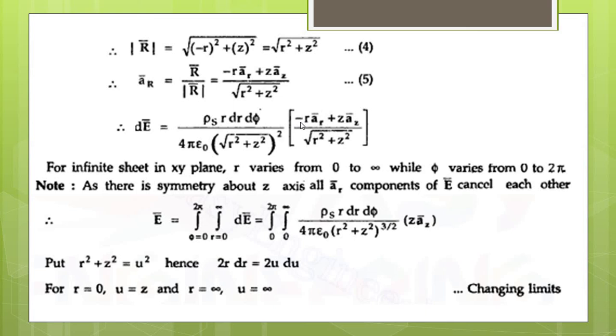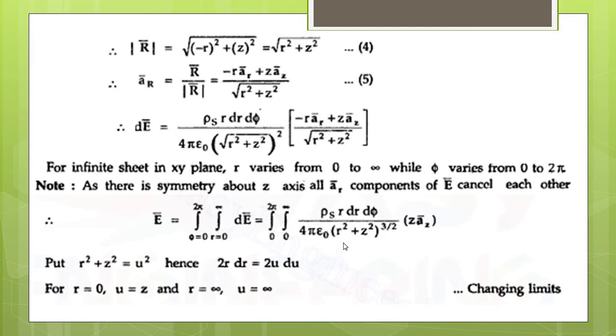All the r terms will get cancelled. Therefore, E is equal to integral of dE. As this is surface charge, we need to integrate this twice. So rho s r dr d phi by 4 pi epsilon naught into r square plus z square whole power 3 by 2 multiplied by z az, because this r ar term is cancelled.